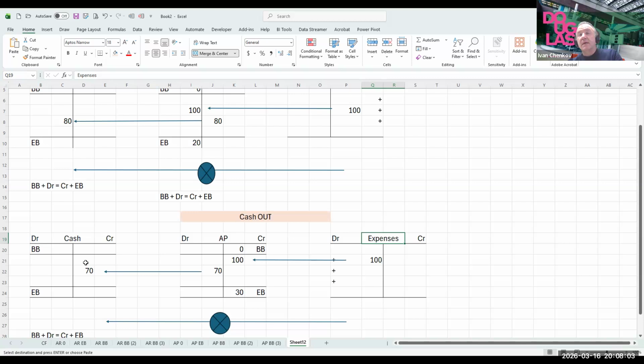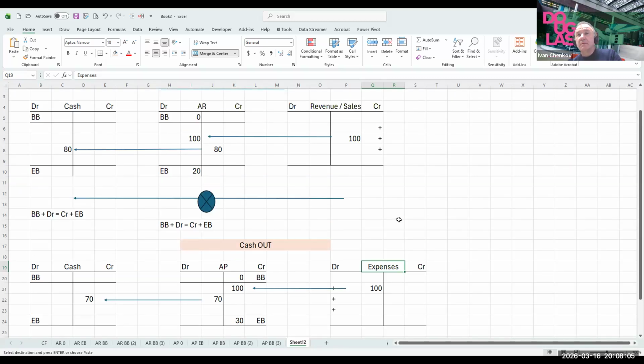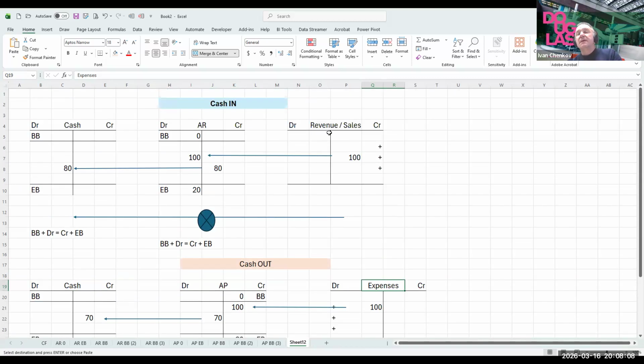That's the direct method. In the indirect method, we're working with the net income, which automatically has the sales and expenses. And then we start chasing what's happened with accounts receivable and what's happened with accounts payable.